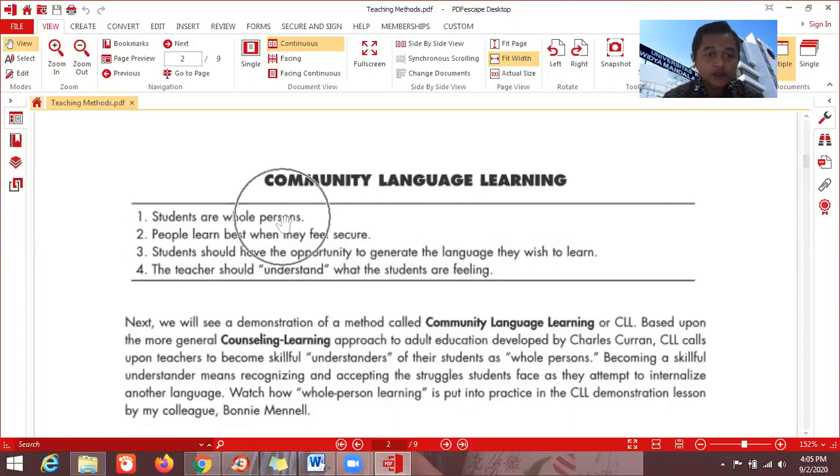So first of all, students are whole persons. Tutors, me, you, everyone needs to be seen as an individual, from a holistic viewpoint. Holistic means not only me as a lecturer, as a father, as a husband, or as a son of my parents, but I need to be seen as a whole.